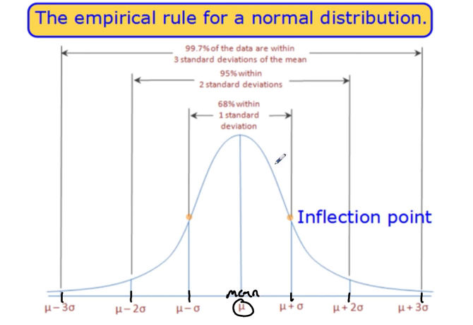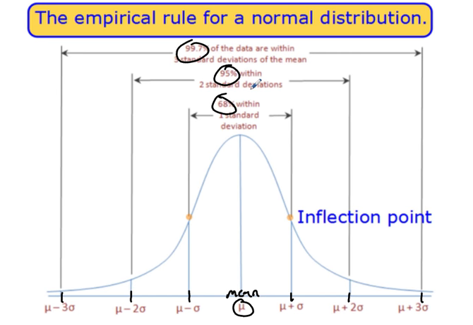So 68% of the data in a curve is between subtracting and adding one standard deviation from the mean. 95% hits the 2 standard deviations, both added twice and subtracted twice.